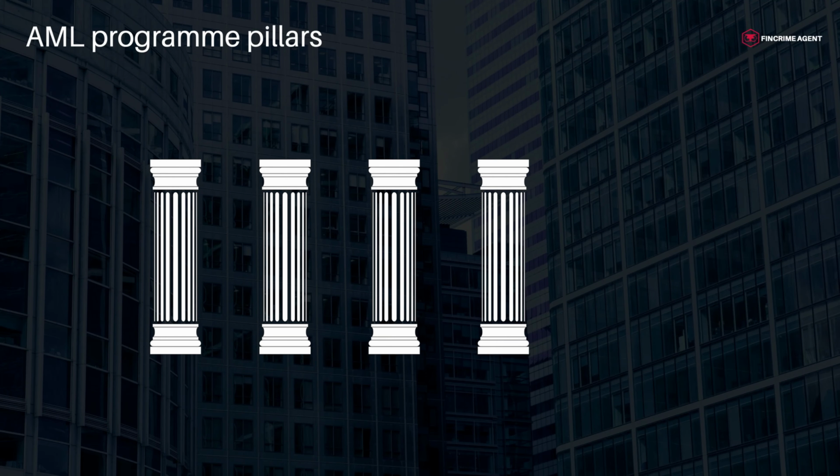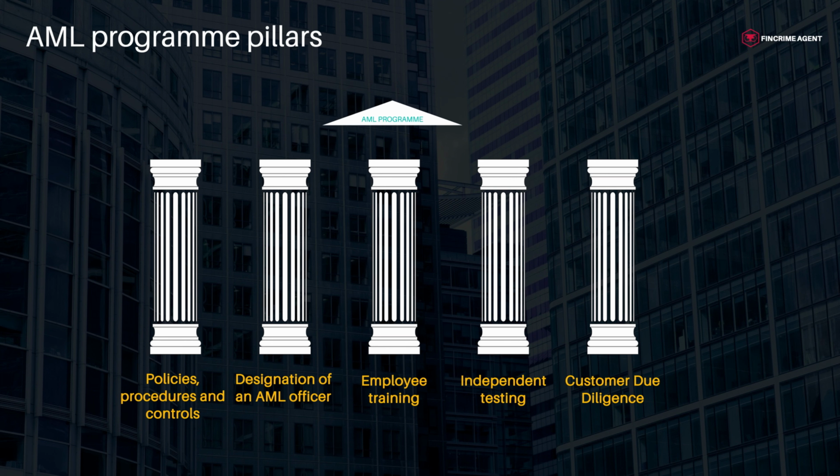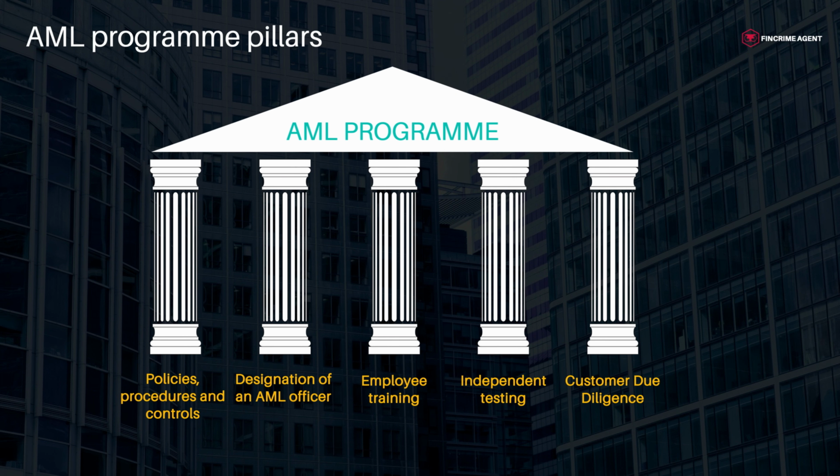The purpose of an AML compliance program is to detect and react to money laundering, terrorist financing, and fraud risks. Businesses must build their programs based on 5 AML compliance pillars. So let's see what these 5 key pillars are.